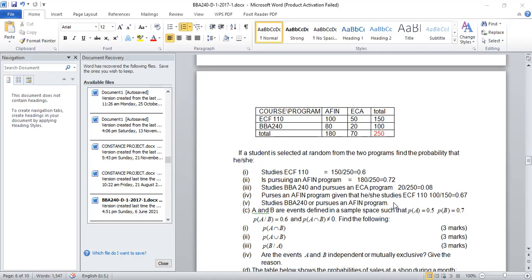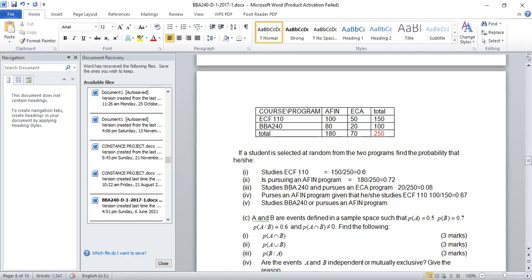Next, here, what do you get? Studies BBA 240, or pursues the first program. Or means what? Union.